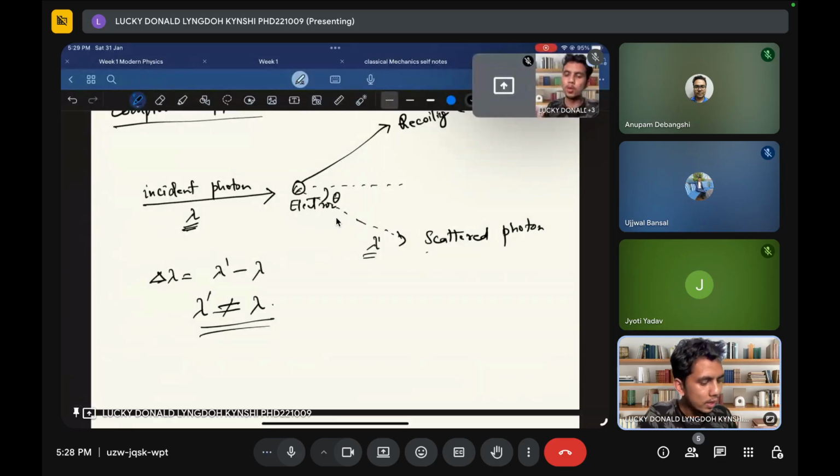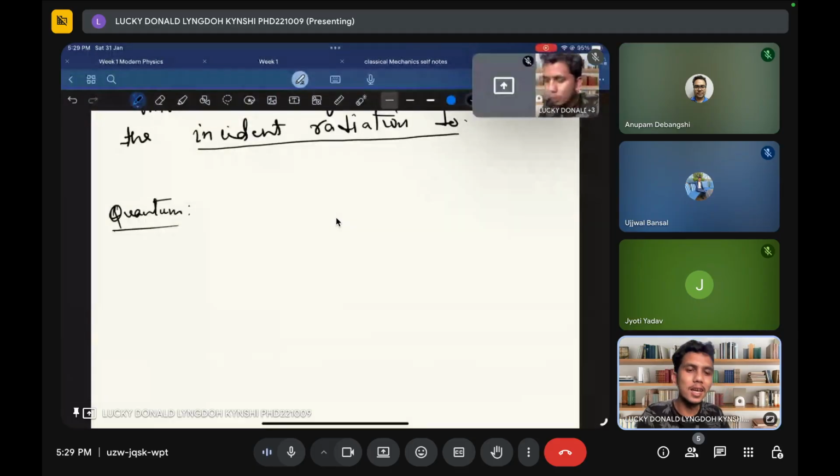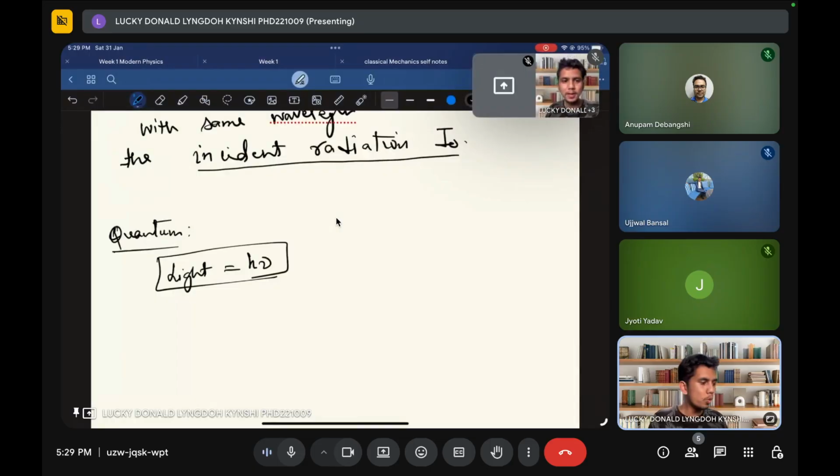That is where we have to consider quantum theory. We don't consider the incident light as a continuous energy; we consider light as h mu. Now I will show you the short steps.